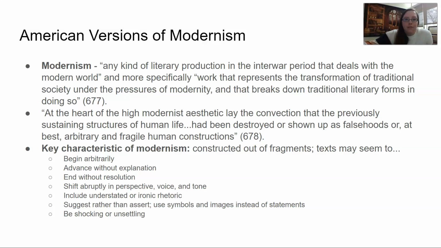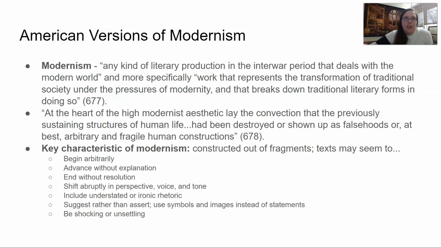At the heart of the modern period, especially with high modern aesthetic, which our book covers in more detail, is the idea that the previously sustaining structures, basically tradition, all the ideas and the values that up until this point we had held true, have either been destroyed, like, oh, not true, or been shown to be false, also not true, or are really just something humans have constructed to keep the status quo.